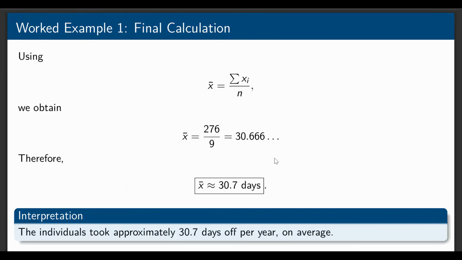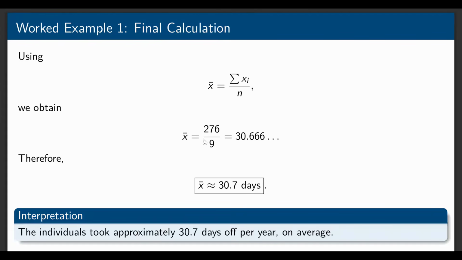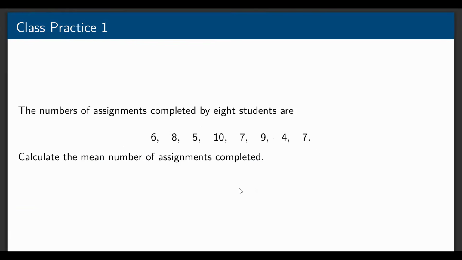Therefore, to know the mean, you simply use the formula x bar equals summation of xi over n. We had a summation of xi of 276, so we have 276 divided by n, which is 9, and that gives us 30.666. So approximately, each worker is enjoying 30.7 days off in the year on average.